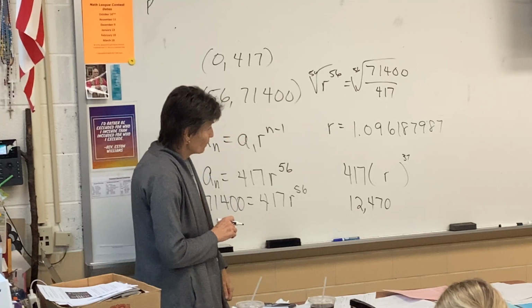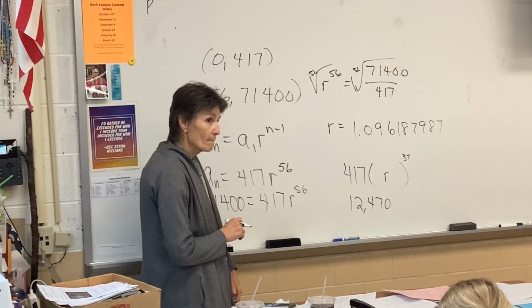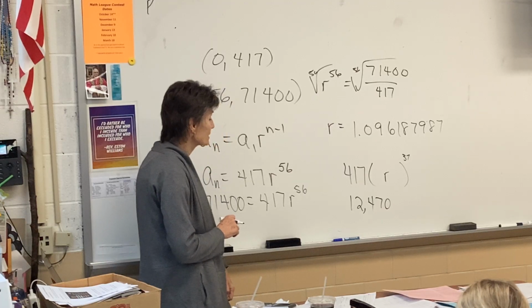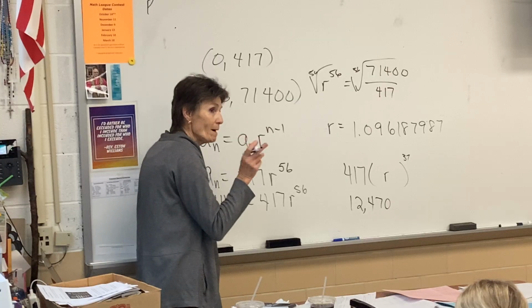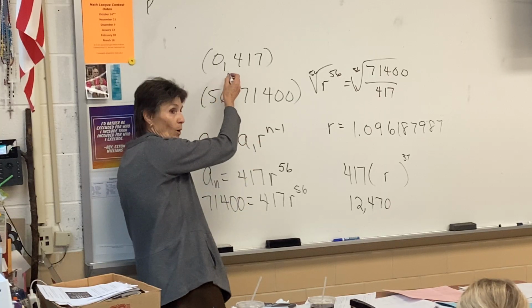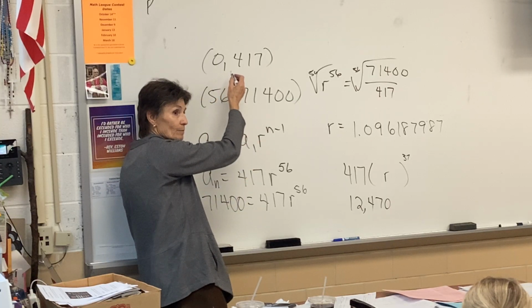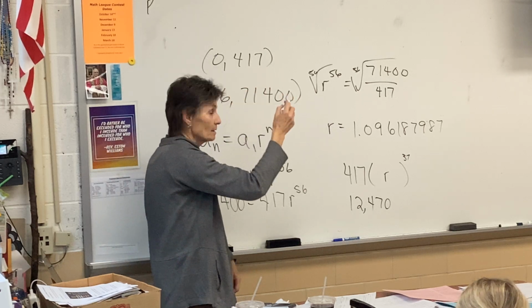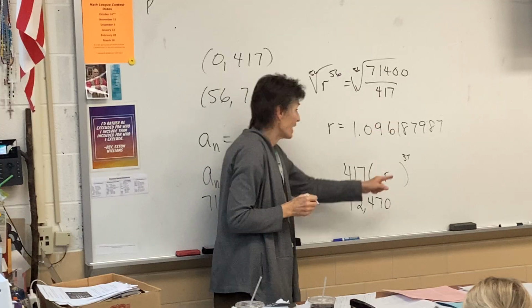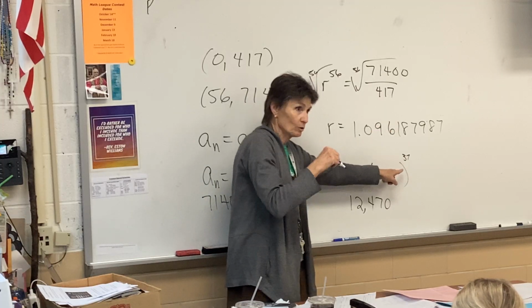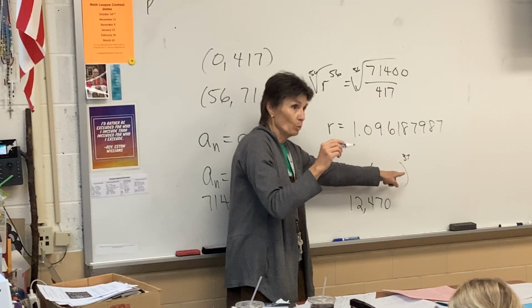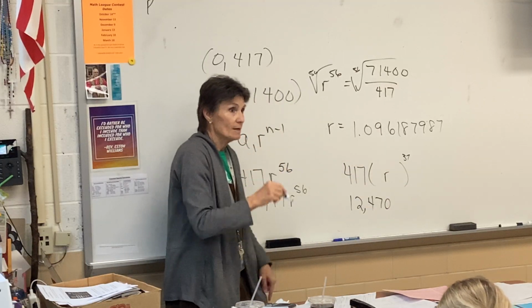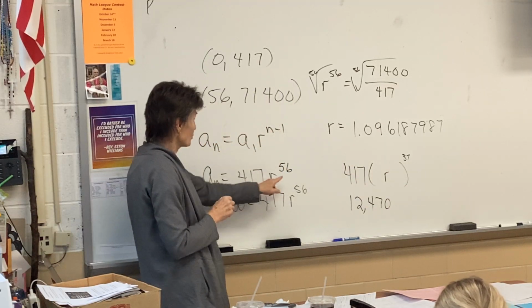What did you do differently? 36th. Okay, so remember that this is not year 1, this is year 0. So year 1 is actually the r. So year 37 would be 37. This was to the 56th.